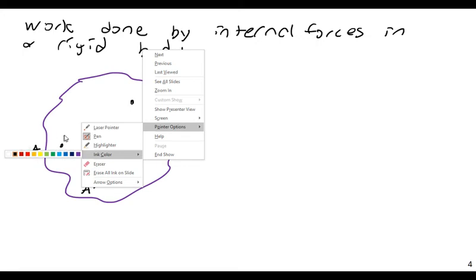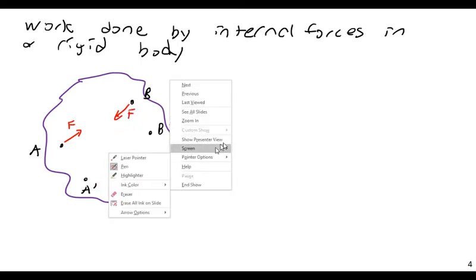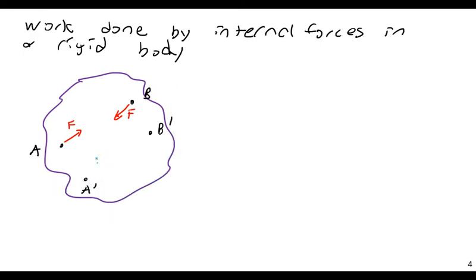Now, let's say there is an F here. These are two different particles, A and B, and they exert equal and opposite forces on each other, F. And then these are going to undergo some sort of change in position, which we might call, say, dr and dr prime.